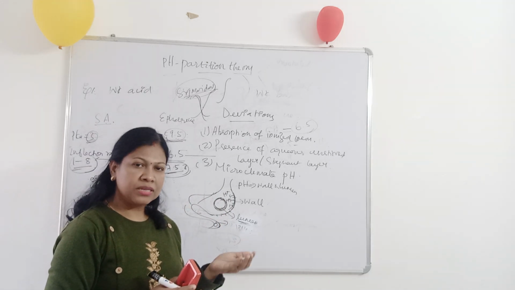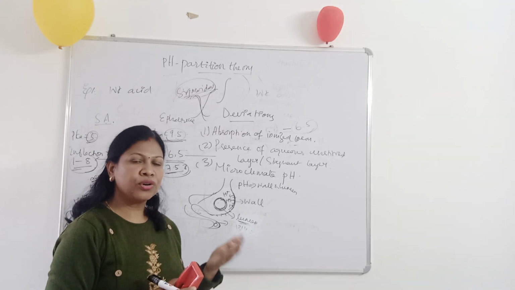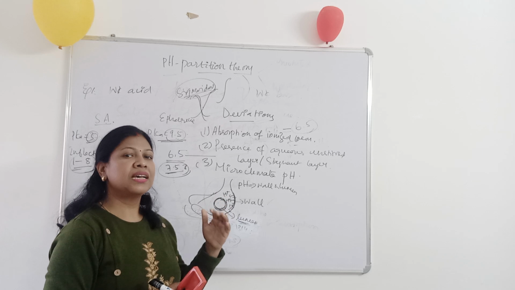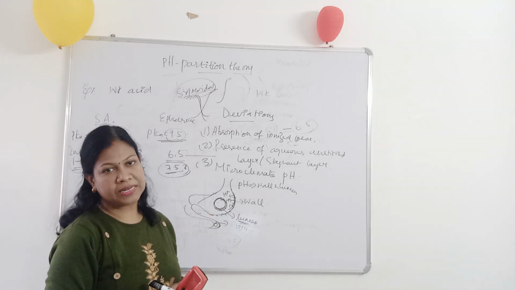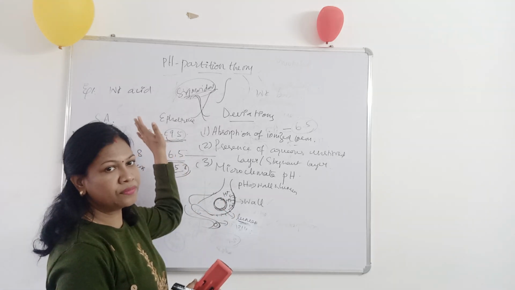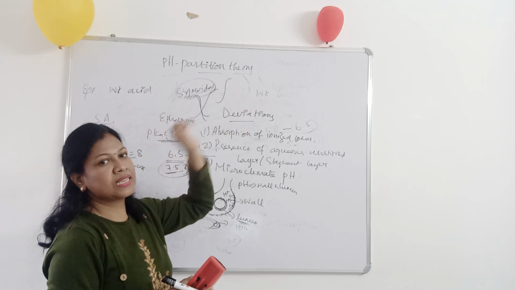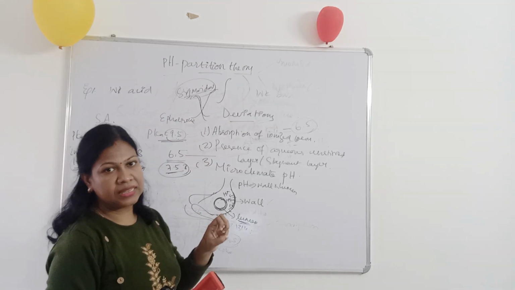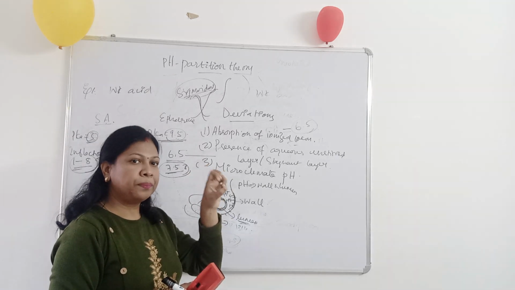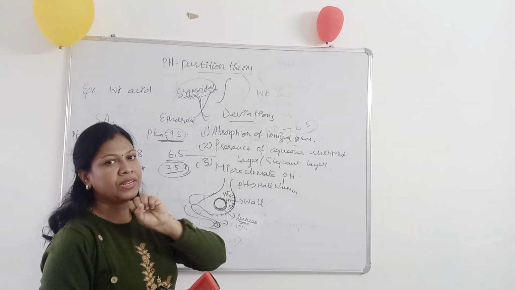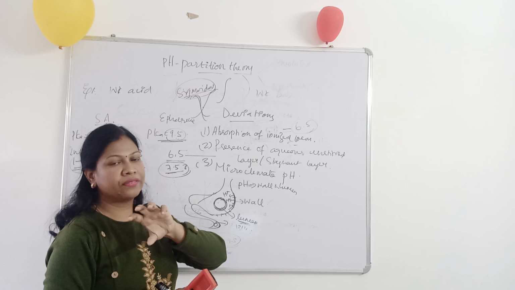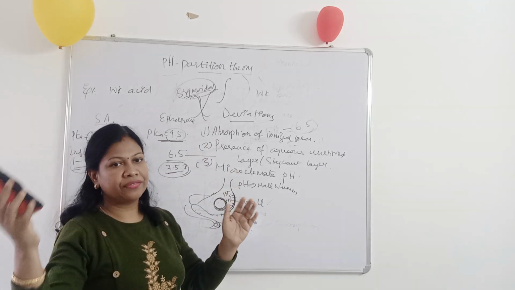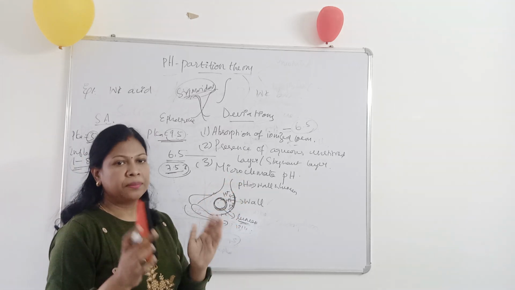Is it so that, similar to the pH partition theory, all drug absorption takes place? No. Some drugs deviate from the pH partition theory, which can be explained with the example of salicylic acid and ephedrine. At pH 3 for salicylic acid and pH 9.5 for ephedrine, the absorption should reduce, and before and after that, the absorption should be maximum.